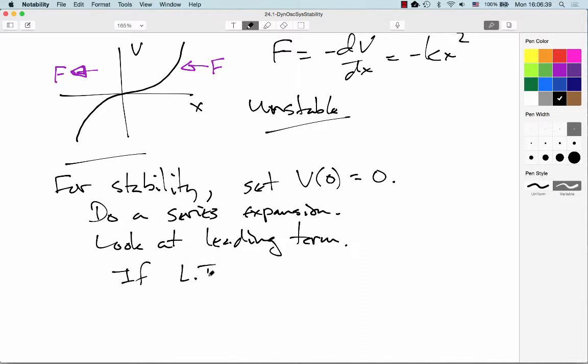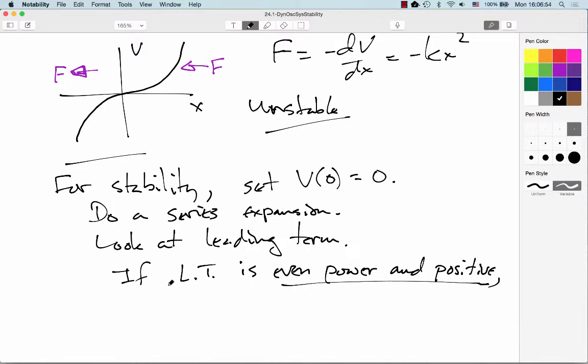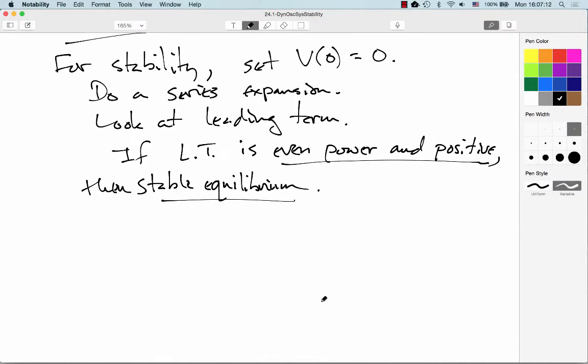If the leading term is an even power and positive, then we have stable equilibrium. All right, so that's our test.